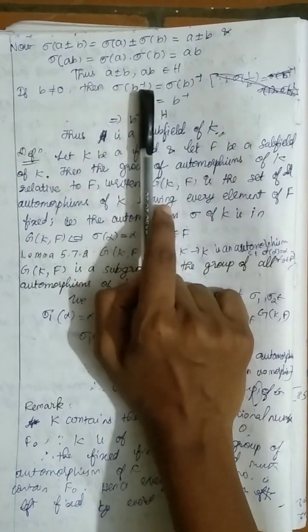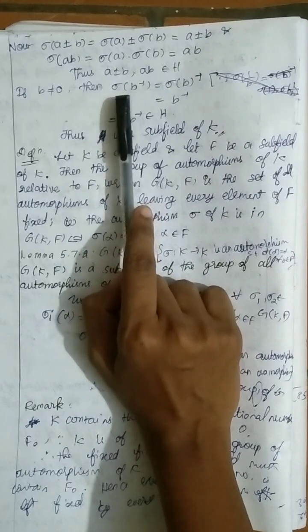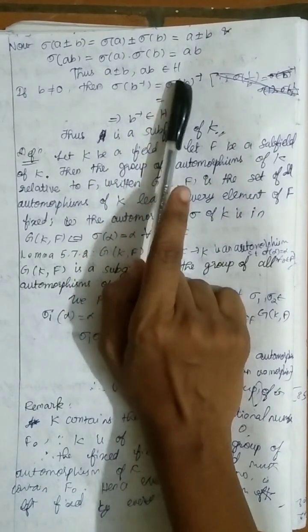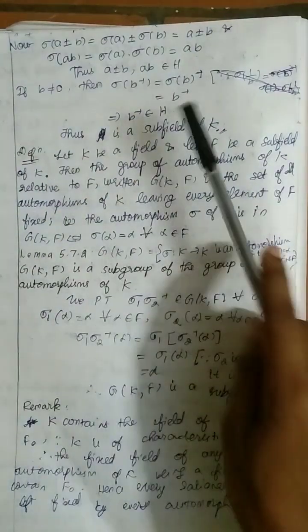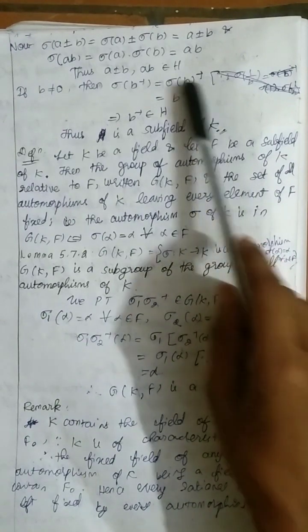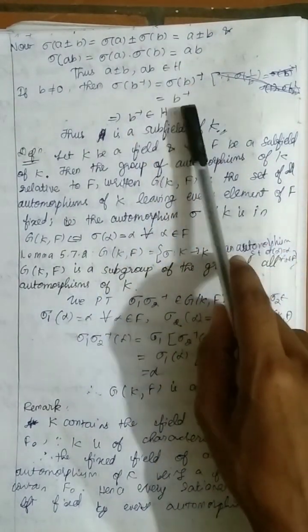Now I am going to prove that B inverse belongs to H. If B is not equal to 0, then we have sigma of B inverse equals sigma of B the whole inverse. I know that sigma of B equals B, so sigma of B the whole inverse is nothing but B inverse.